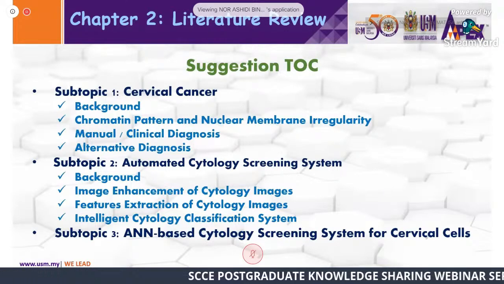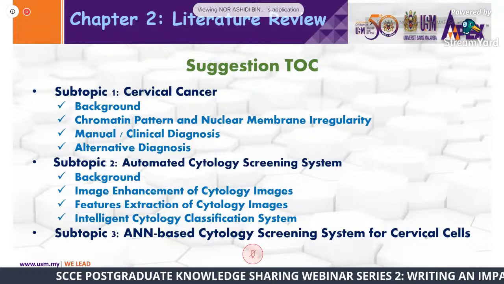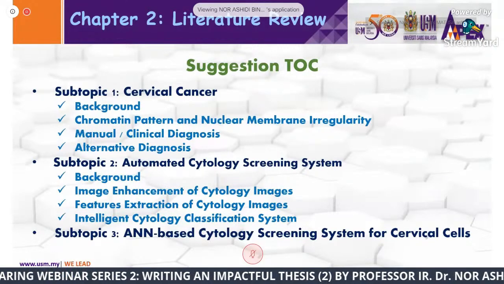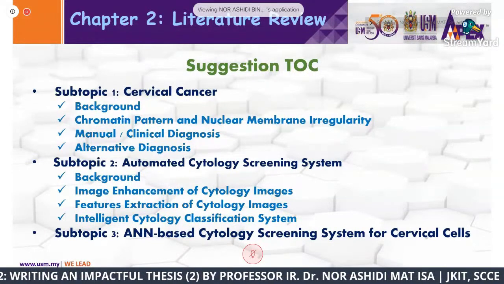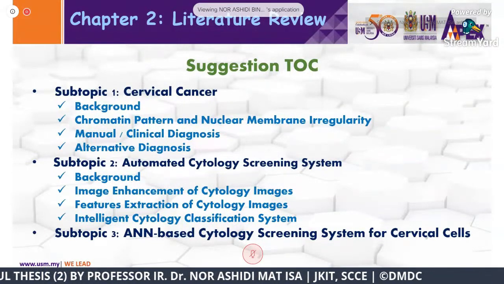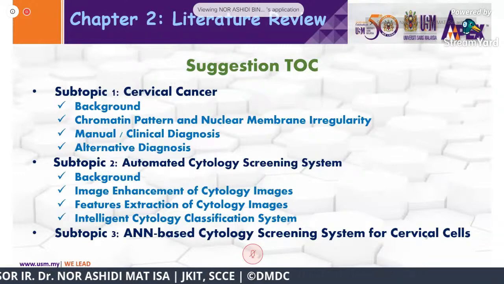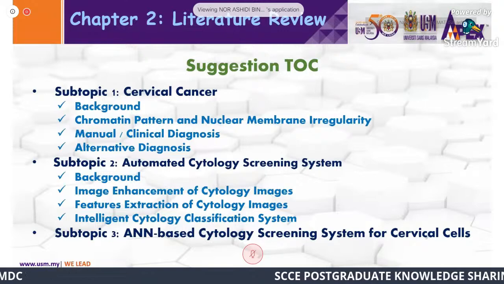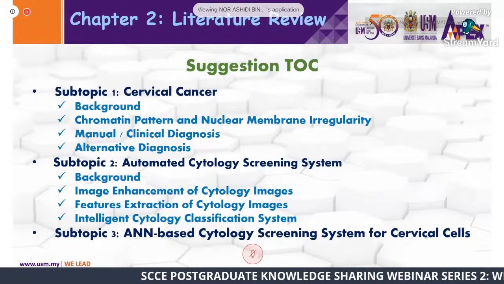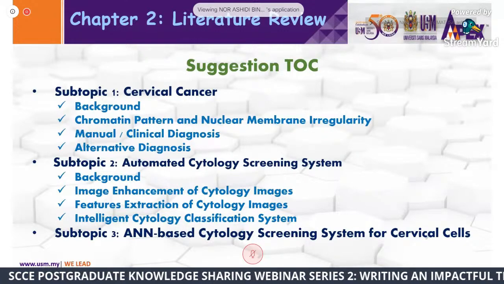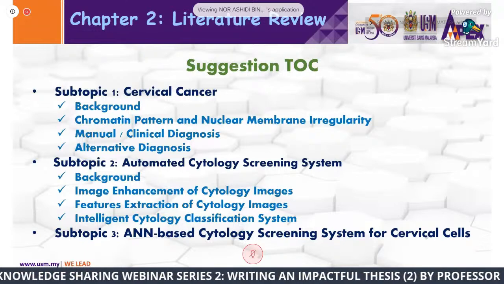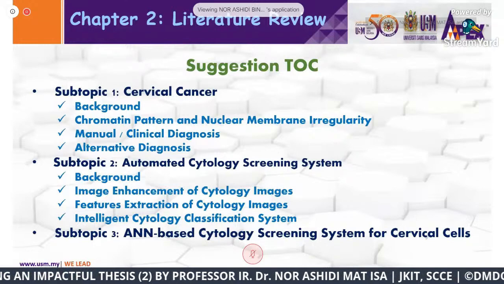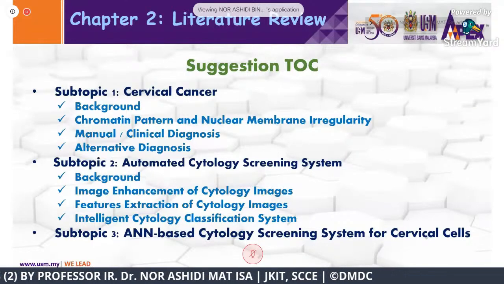Because we are not focusing, the literature review is not focusing on the fundamental concept. Fundamentals can be found in textbooks, in Wikipedia or whatever. There is plenty of information about cervical cancer on websites and in books. So there is no meaning for you to rewrite the information again.